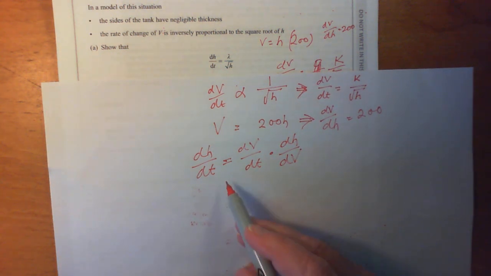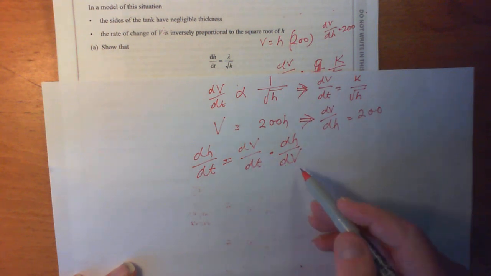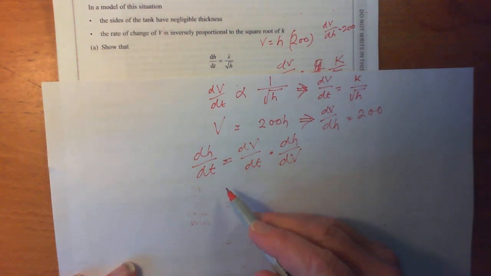That is mathematically correct. It's just like a fraction, really. You treat that as a fraction, that will cancel out, and that's dh over dt. And that's what I've got.